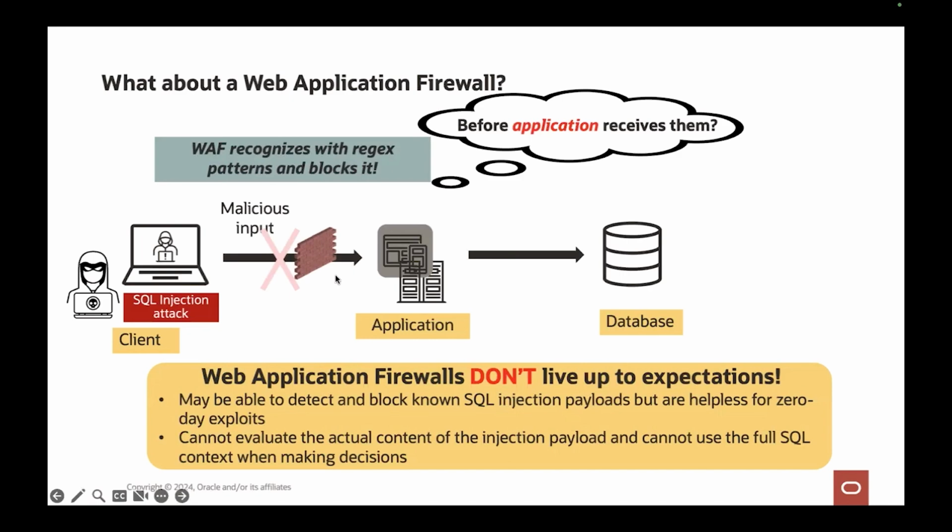So I can easily fool my WAF by querying through the synonym and get everything, because there isn't any rule on the synonym, right? So it cannot use that SQL context. It cannot use the intelligence that is there in the database to execute that query to make a decision. And that's where the WAF actually fails. They don't live up to the expectations at all.